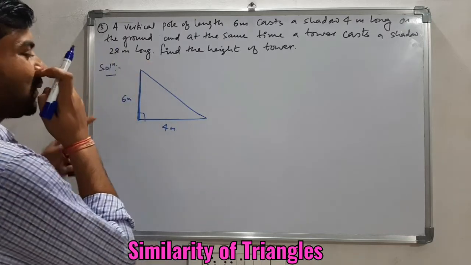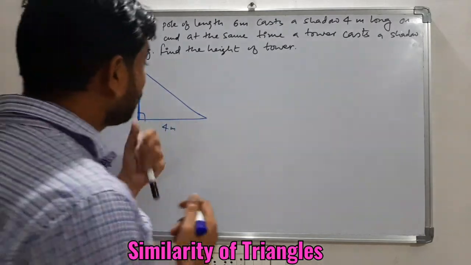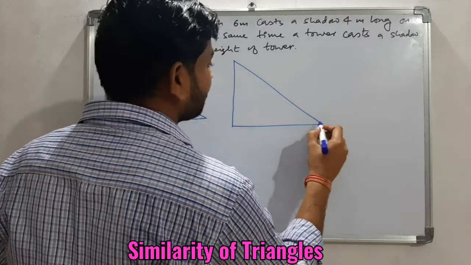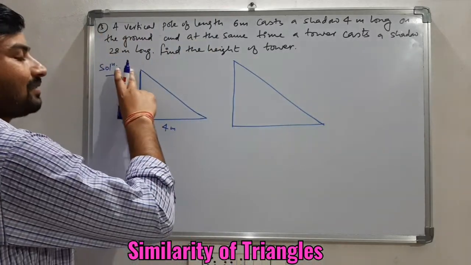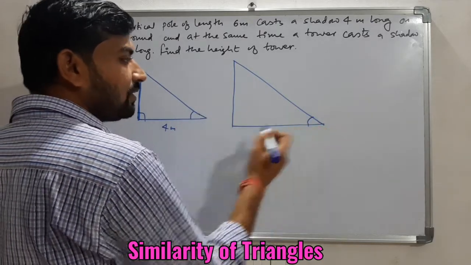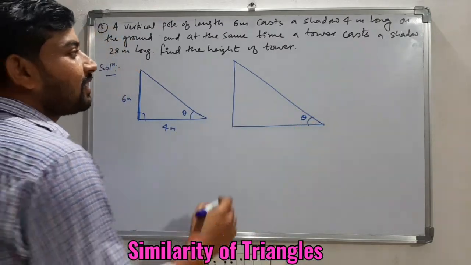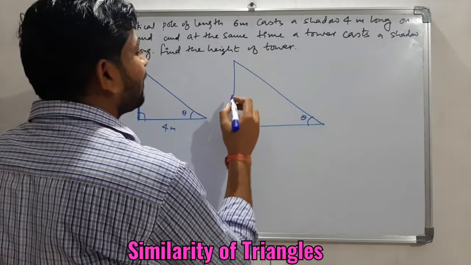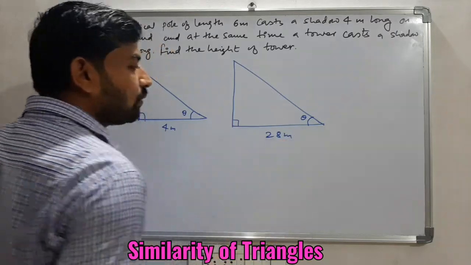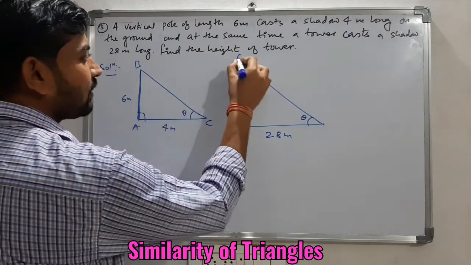At the same time, the angle made by this pole and this tower will be the same. Suppose this is making angle theta, we can also assume it as theta. The height of the tower is not known to us, but the shadow here is 28 meters long. Let us suppose the names of these two triangles are ABC and PQR.